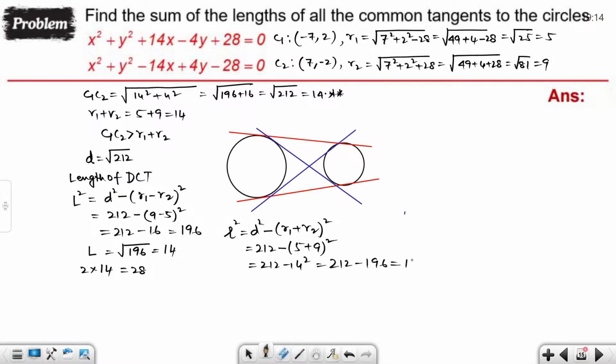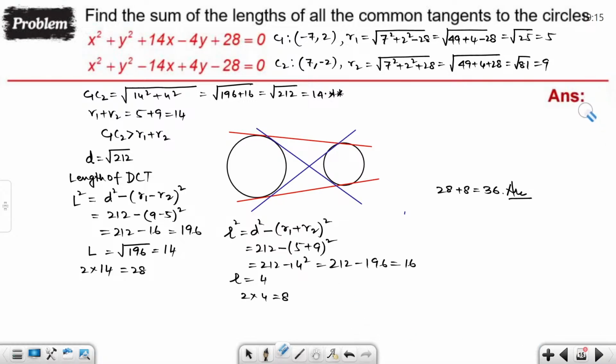So that gives us 16. Therefore, L is coming to 4. Therefore, the length of one transverse common tangent is 4. Thus, the length of two transverse common tangents will be 8. Right? Therefore, the sum of all the lengths of the common tangents will be 28 plus 8, that is 36. And that's your answer. Is it clear to all?